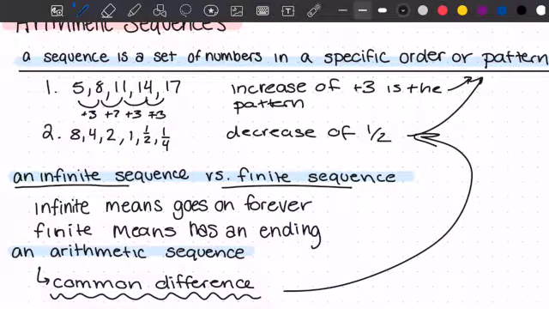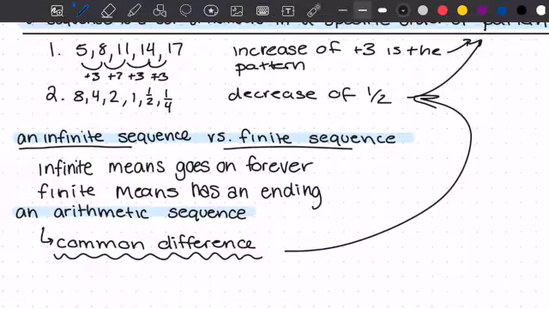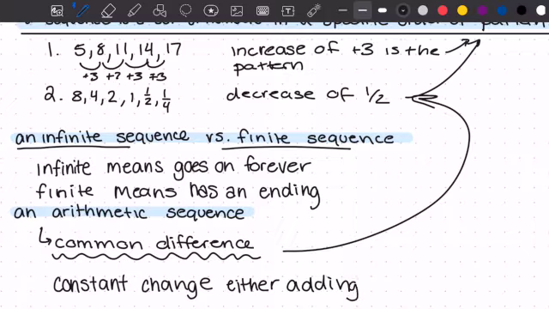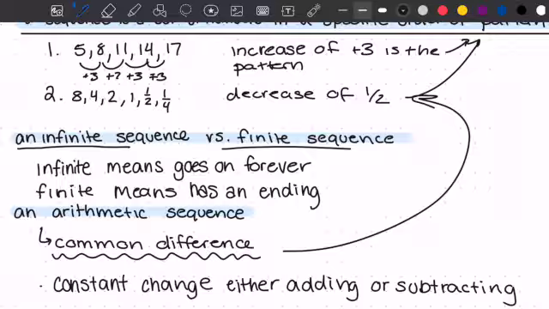A common difference is a constant change, either adding or subtracting to get the next number, or term.